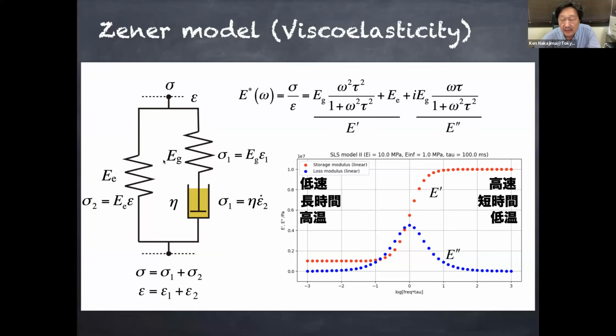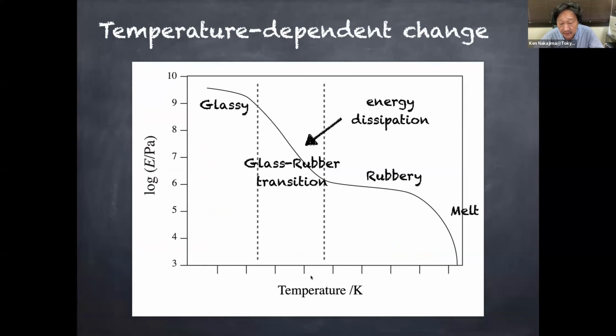As you remember, Kuboyama sensei used two different components, spring and dashpot. Here, the Zener model contains two springs and one dashpot, a bit more complicated than the model he showed. But by having this model, we can reproduce this relationship.